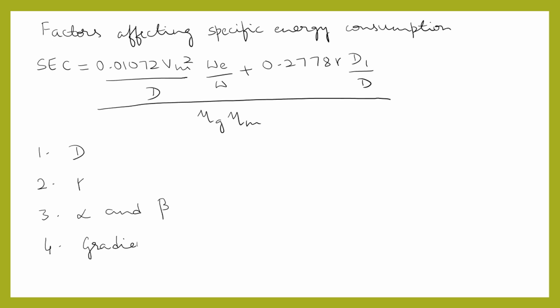Though for the equation of specific energy output, a level track was considered, that is G equal to 0, while going up the steep gradient, more energy is needed for the movement of the train. Hence, the specific energy consumption increases. Next factor is the train equipment. More efficient train equipment will reduce the specific energy consumption.